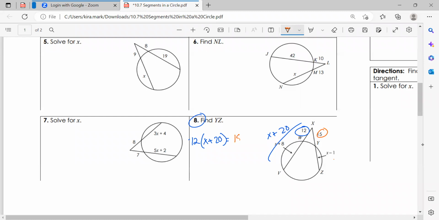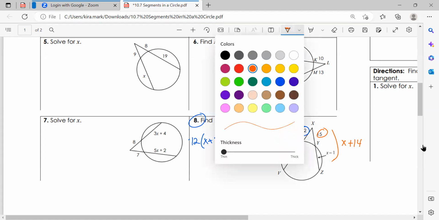Outside bit times the whole thing. So let's add these together. The 15 and the negative 1 gets 14. So that's x still plus 14, because the 1 was that way. Let's go ahead and plug it in over here. So we're going to distribute both of these guys together.